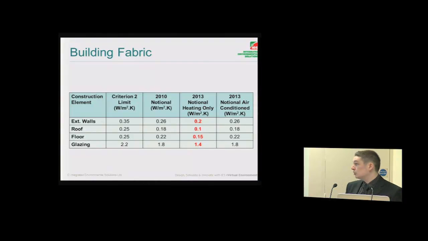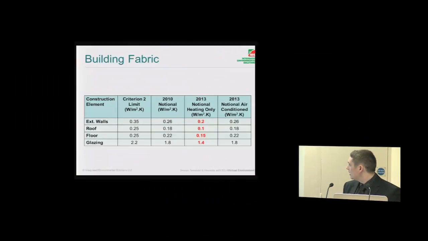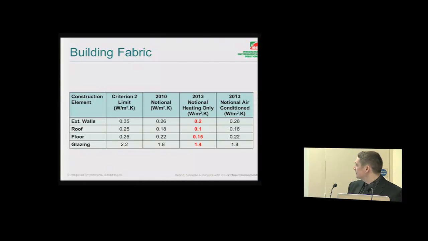I'm not sure if 1.4 is really going to even be achievable still with double glazing, or if it is going to require perhaps a shift up to triple glazing. But I think either way, these specifications are going to be quite onerous targets to try and hit. If, however, the building is air conditioned, you'll see that notional building U values haven't changed at all. They're still the same as they are in 2010.